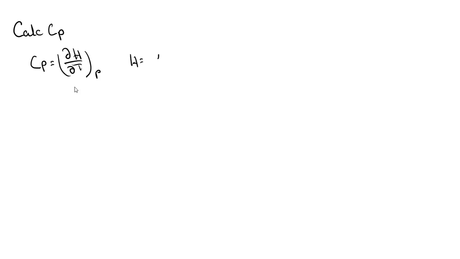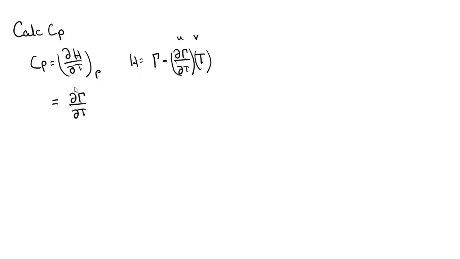Enthalpy is equal to gamma minus d gamma dT times T. So we take the partial derivative of that with respect to temperature. The derivative of the first term is just d gamma with respect to T. And we can write the constant pressure, but I'm going to skip that because pressure is constant. Now what we have here is the product rule. So you've got U dV plus V dU.